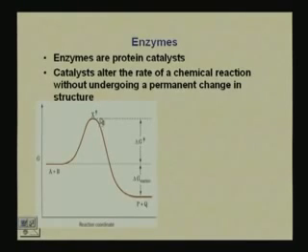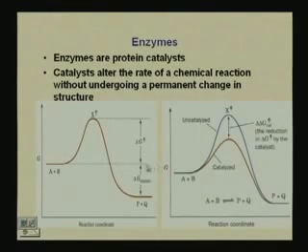Now, if we have a catalyst, how does this reaction profile change? It changes in such a manner that for the reaction A plus B going to P plus Q, we have now a catalyzed reaction in which our activation energy has decreased. In decreasing, what does it do? The reaction is catalyzed.